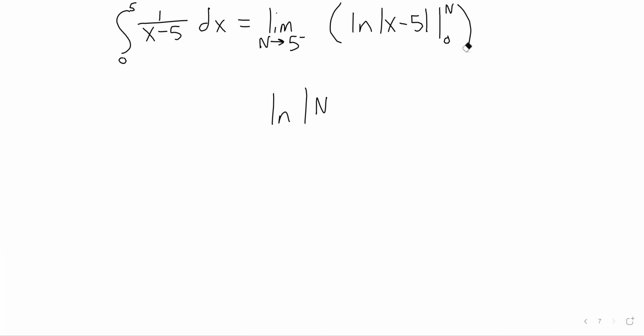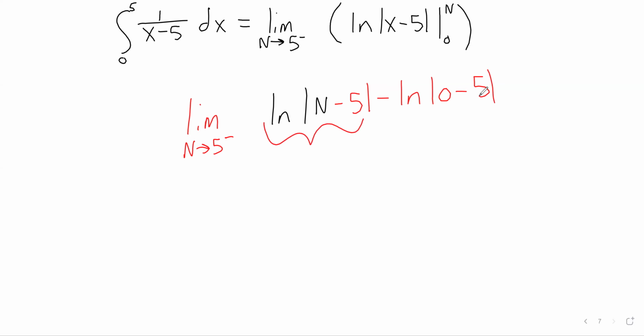Do not forget that limit. I would scold a student if that happened on the test. We're taking a limit. We can't forget that we're taking a limit. And then as n approaches 5, this is going to the natural log of 0, but the natural log of 0 does not exist.